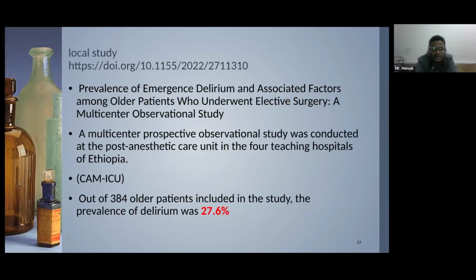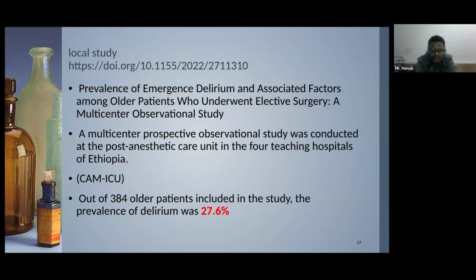There is also a local study done in our country, Ethiopia, which used the delirium screening tool, the confusion assessment method, which I will discuss later. This study showed the prevalence of delirium to be 27.6%.